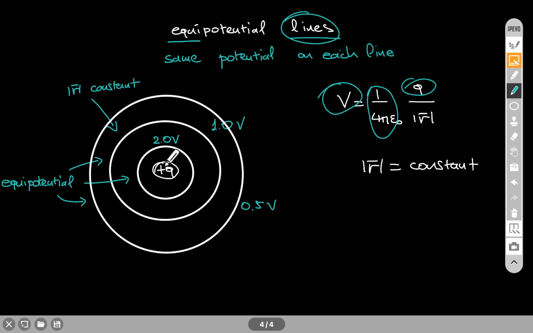Now, if I have a point charge in 3D space, then around a single point, in order to keep the radius constant, you're really looking at the surface of a sphere.